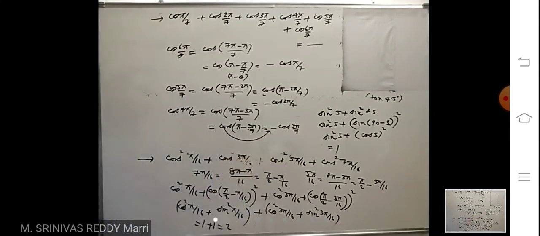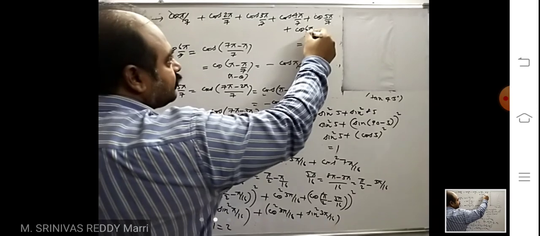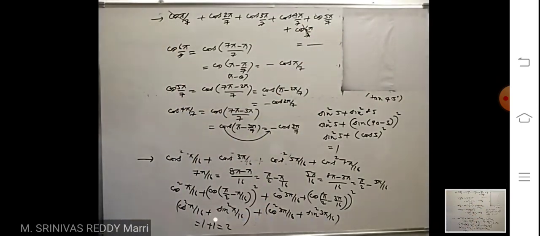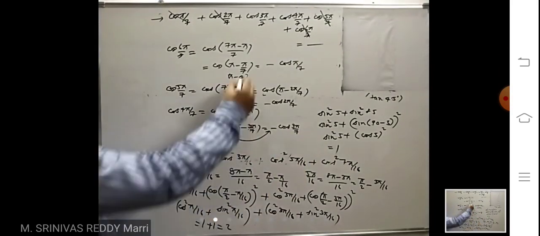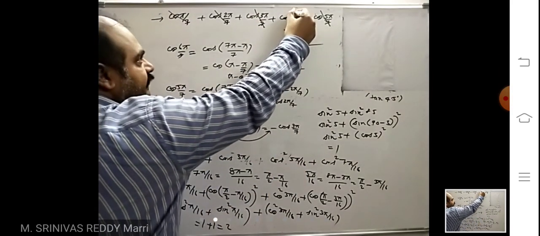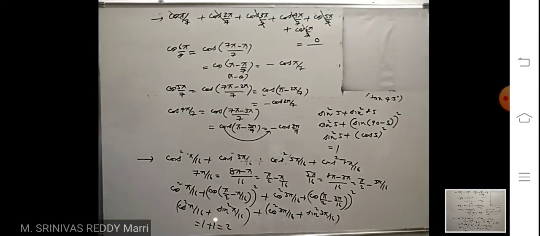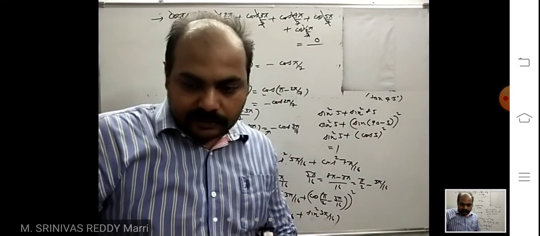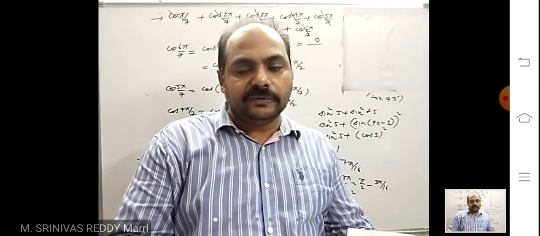In the second quadrant, this is what? Negative. Therefore, cos pi by 7 and cos 6 pi by 7 will get cancelled. Cos 2 pi by 7 and cos 5 pi by 7 will get cancelled. Cos 3 pi by 7 and cos 4 pi by 7 will get cancelled. And the answer is 0. So like that, you can transform one angle into another.